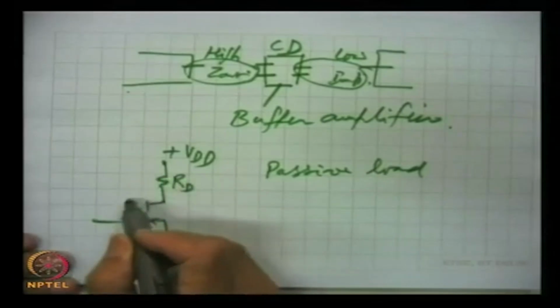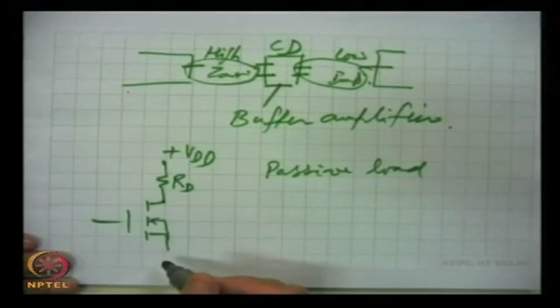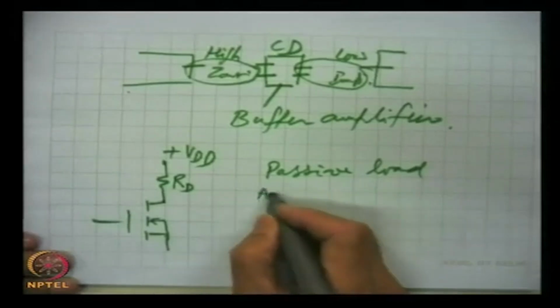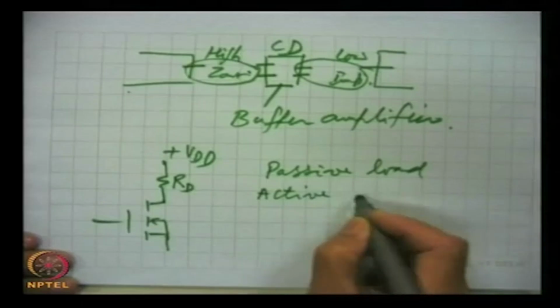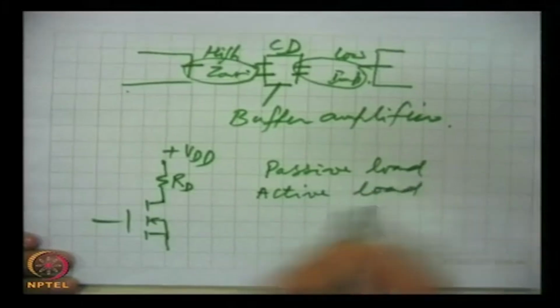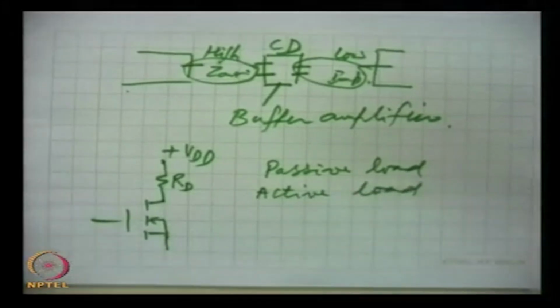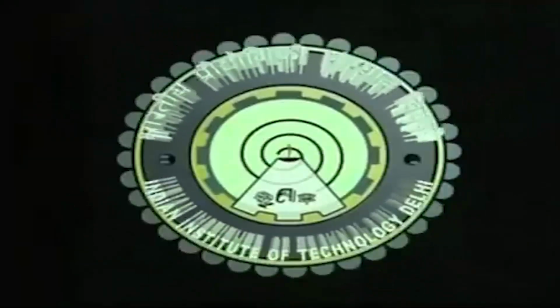When this resistance is replaced by an active device such as another MOSFET properly connected, then what we have is an active load. So, how to connect the MOSFETs as resistors and capacitors, this is what we are going to take next.